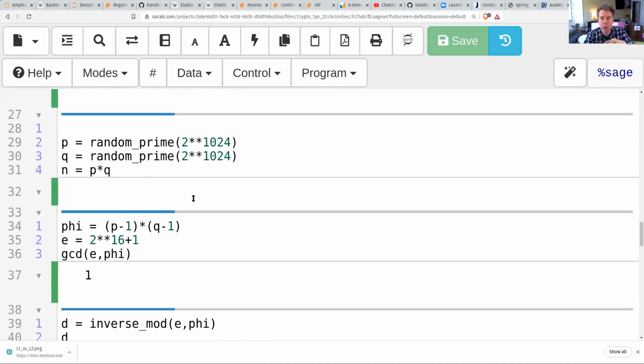So these are actually industrial strength numbers. As long as we're using a good random number generator, which I'm not positive that Sage is, but let's say that it is, then P is going to be a 1024-bit number, and so is Q, and this should be industrial strength. So everything that we're going to do here should really be unbreakable.